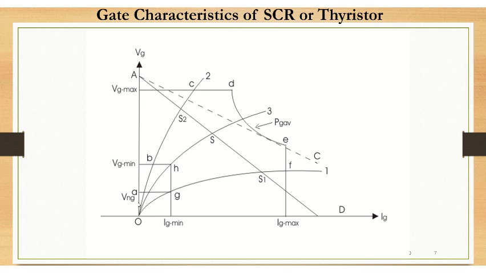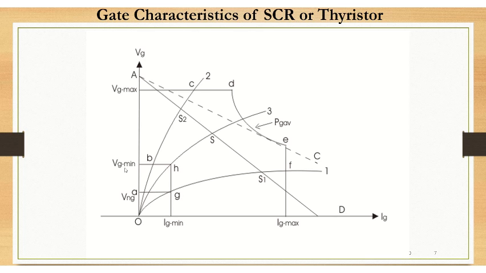Second region is the OL and OV, or the minimum gate voltage and the gate current. Here it is not OL, it is OB and OG.